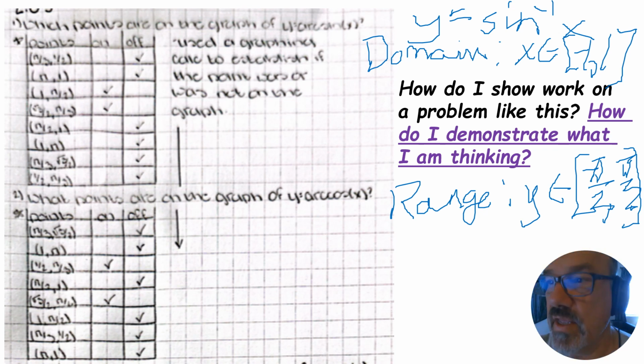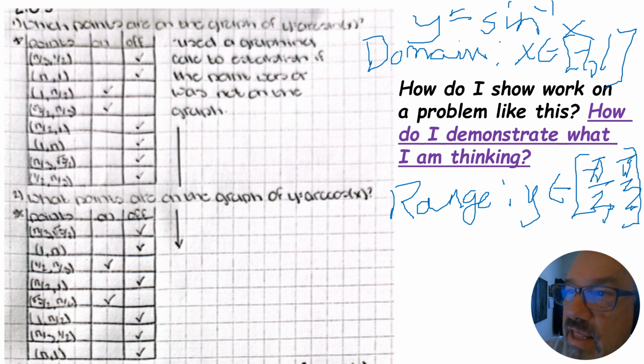Okay? And so the first thing I'm going to notice is that the domain is from -1 to 1. That means any x value that is bigger than 1 or less than -1 is not going to be on the graph because they're not actually in the domain.